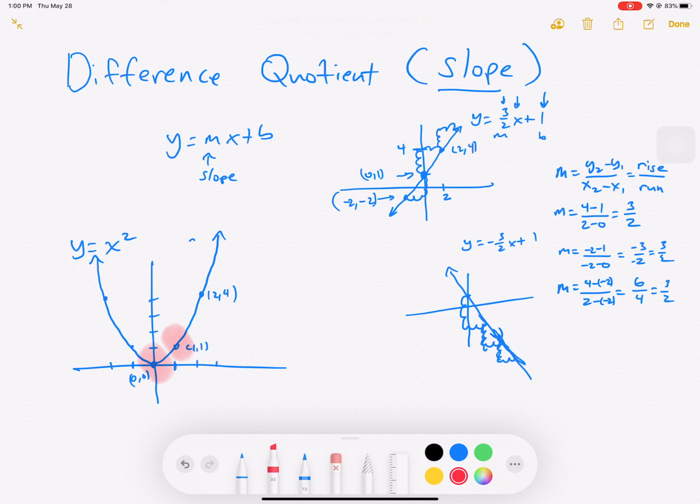I'll take those 2 points, and let's see what slope that gives me. m is equal to 1 minus 0 over 1 minus 0, which gives me a slope of 1. And for the most part, that is kind of true.